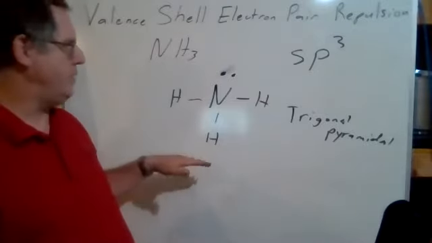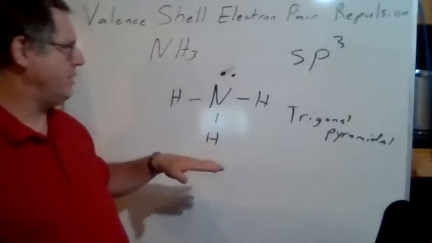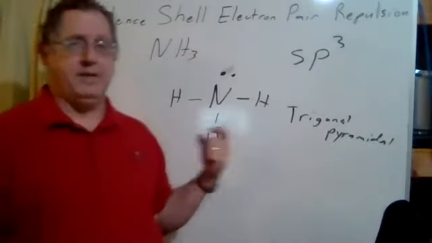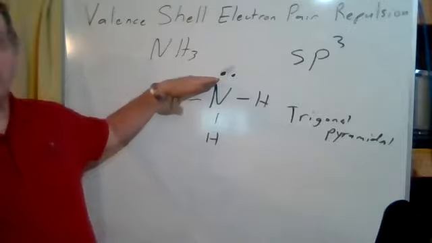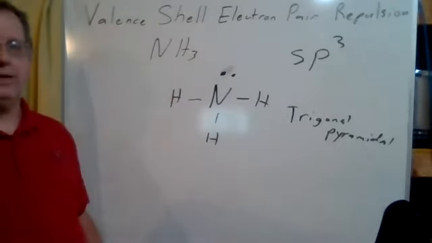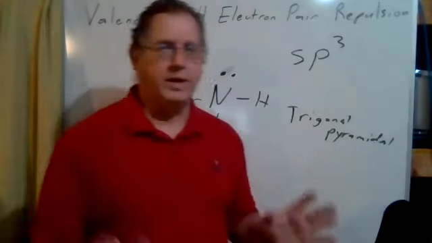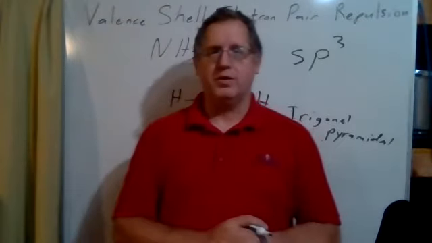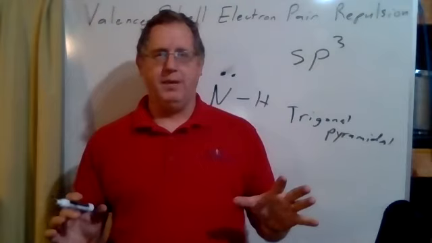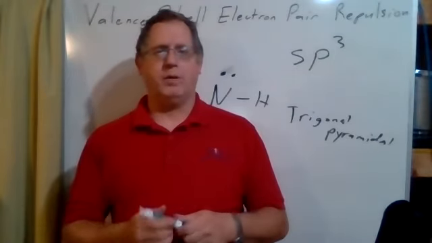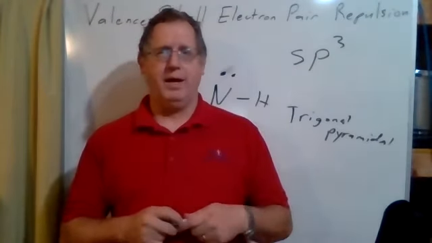Notice the difference between trigonal planar and trigonal pyramidal. Trigonal planar was sp2, trigonal pyramidal is sp3, and I've got 1 lone pair here. Okay, so lone pairs are going to give us a little bit different of a situation. They are going to contribute to the electron arrangements in an atom, but we don't count them when we're determining the shape of the atoms.